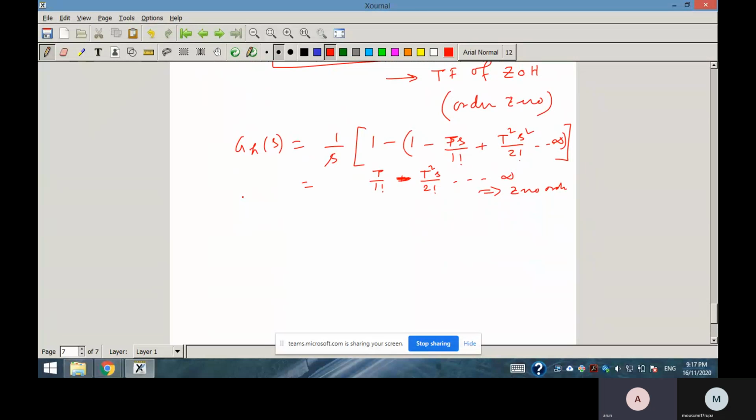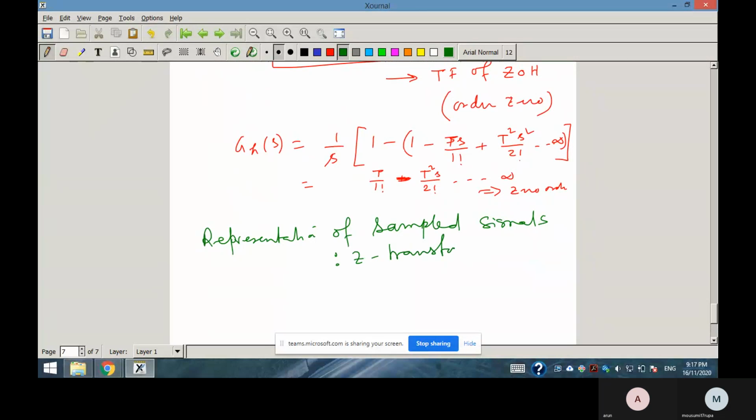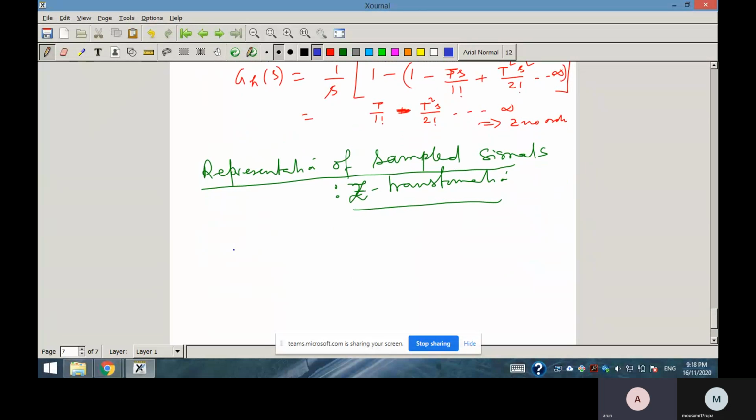That is called the Z transform, the representation of sampled signals. So this is Z transformation. This we will discuss. I do not know whether you have studied Z transformation in transform calculus or not. Anyway, whatever things are needed, I will be discussing.